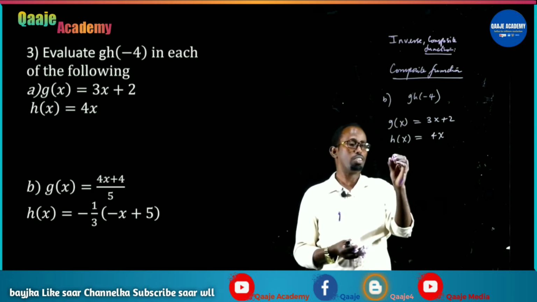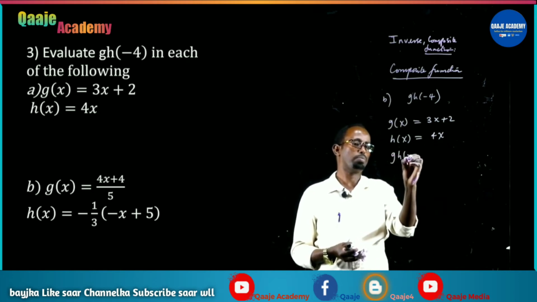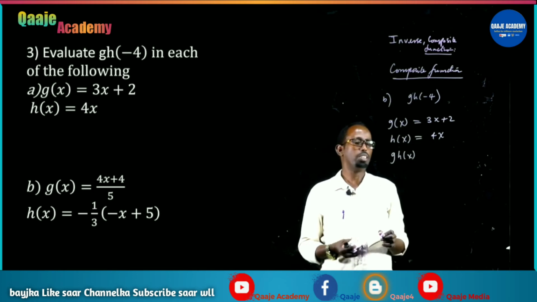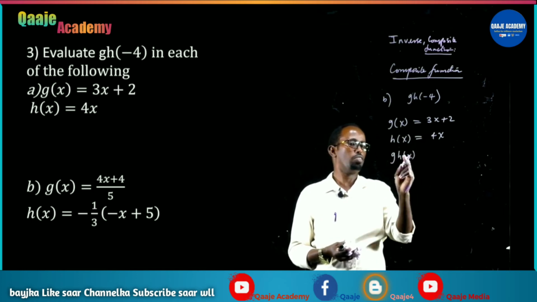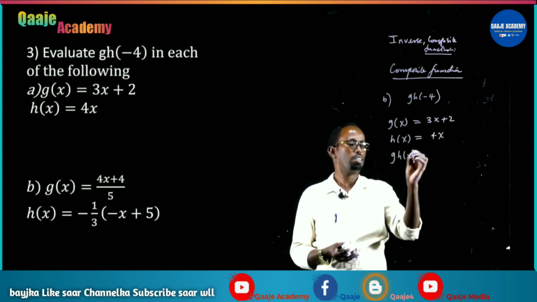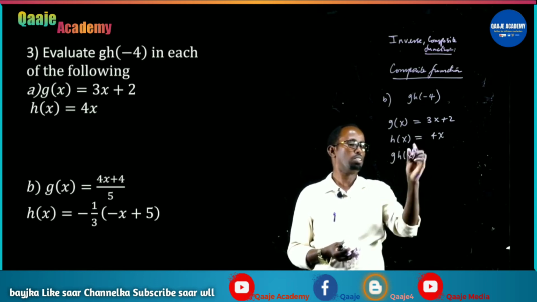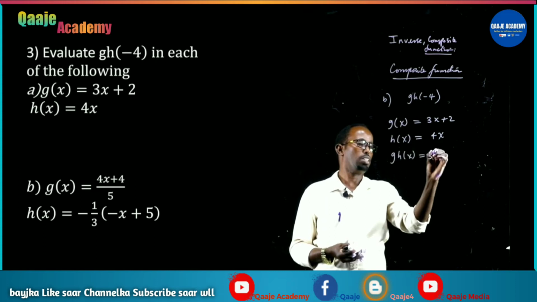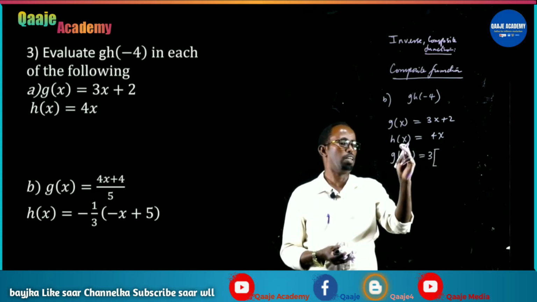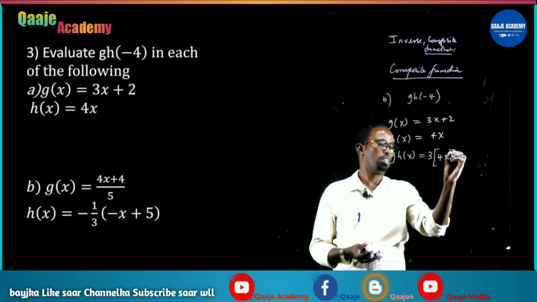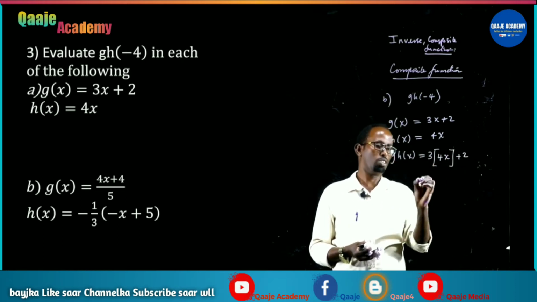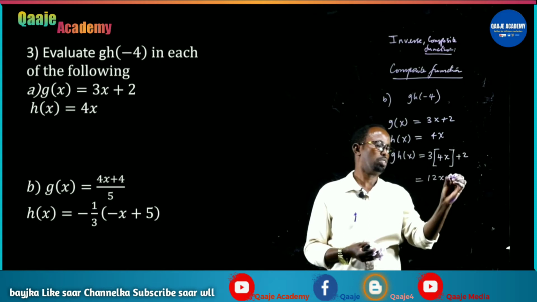First, let's find gh of x. Gh of x means g, where instead of x, we put 4x there. The coefficient of g is 3 outside, so instead of x you put 4x there, and then plus 2. This will be equal to 12x plus 2.